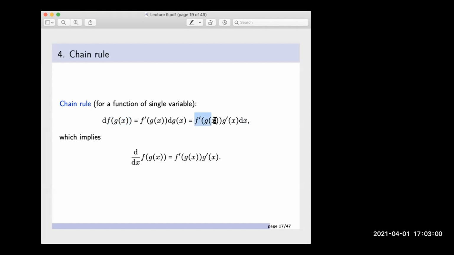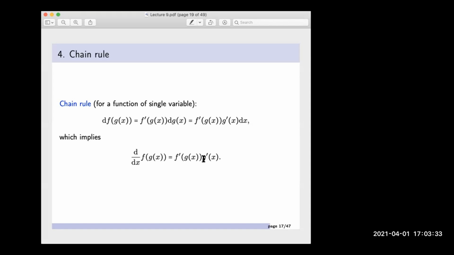It's the product of the 2 derivatives, the derivative of f times the derivative of g. The product of the 2 derivatives is the derivative of the composition function. This gives you the formula that if you have a composition function, you take the derivative, you get a product of the 2 derivatives. This is called the chain rule.